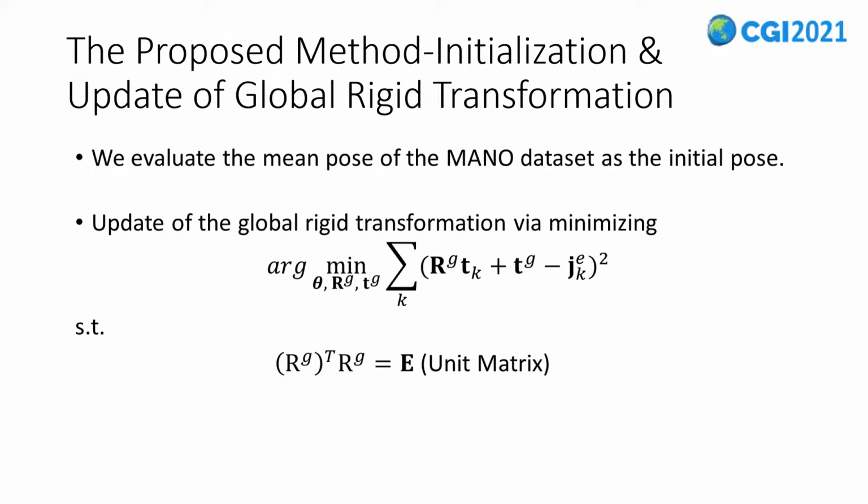Then in our setting, the root joint is fixed and its global transformation is described using camera parameters instead. The global transformation is in place of the root pose, hence all hand joint positions are transformed correspondingly. While only considering R_g and T_g, the optimization is formulated as below.